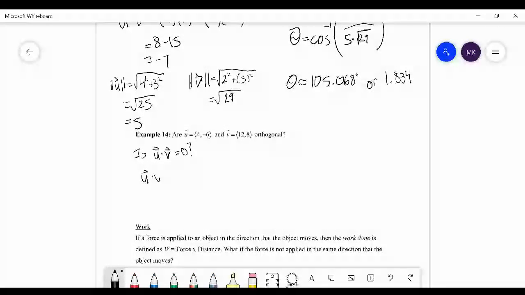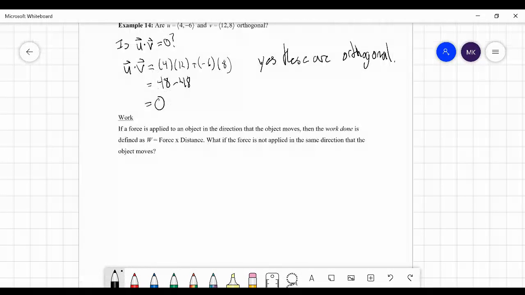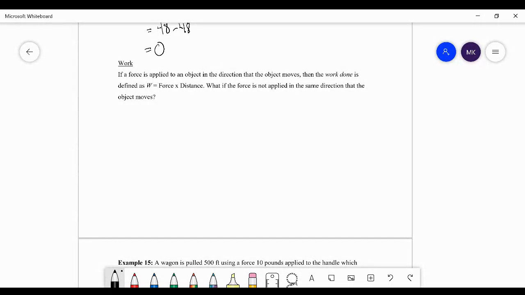Well, u dot v is 4 times 12 plus negative 6 times 8. And we get a lovely 48 minus 48, which is equal to 0 in my book. So that means, yes, these are orthogonal.